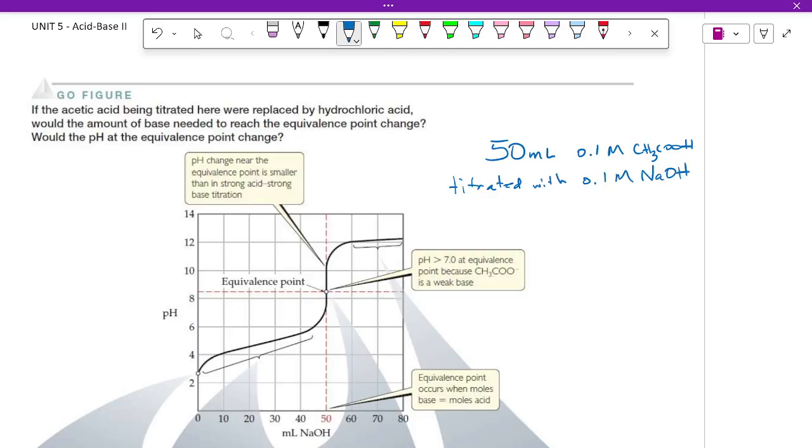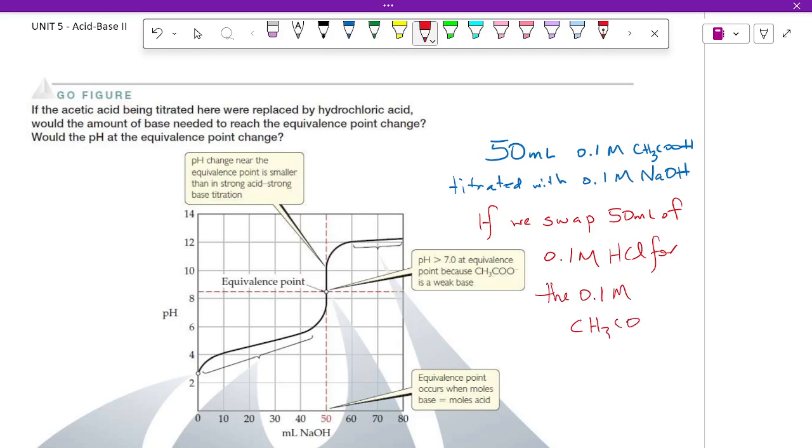If we swap 50 milliliters of 0.1 molar HCl for the 0.1 molar acetic acid, would the amount of base needed to reach the equivalence point change?